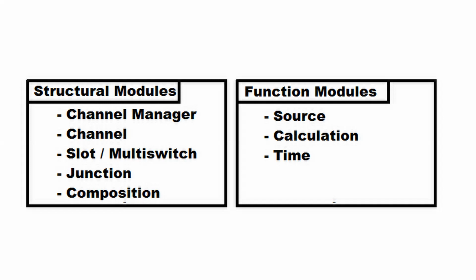The next two things are a junction and a composition. They are kind of similar. A junction helps you to organize things which are working on the same channel, but you want to separate them to have a cleaner organization.